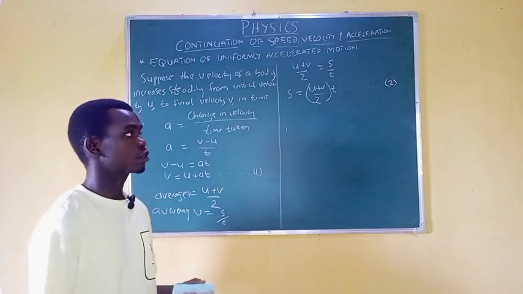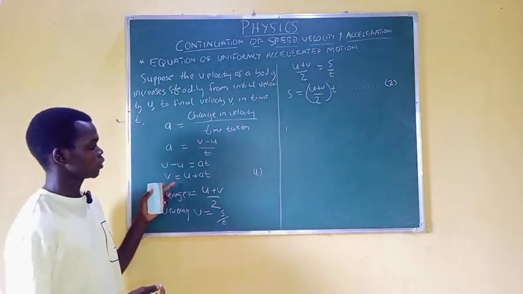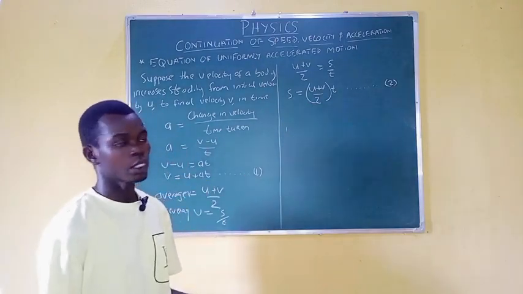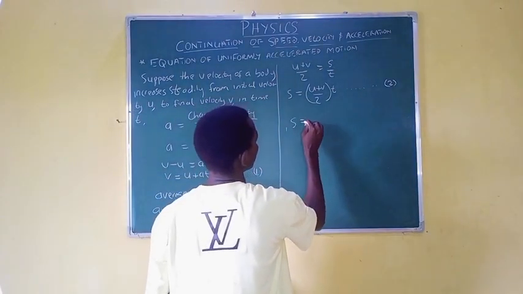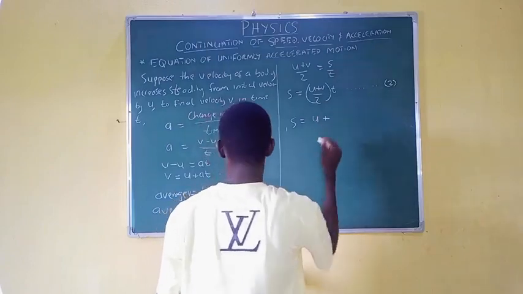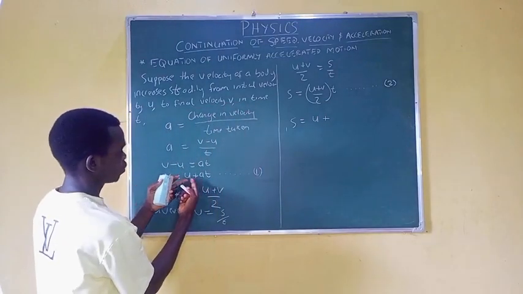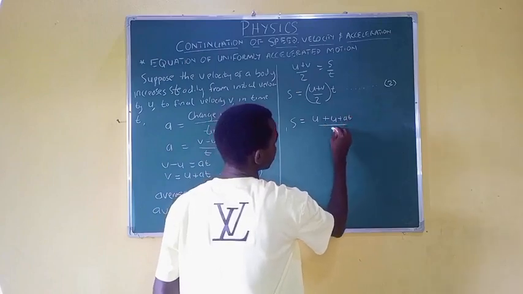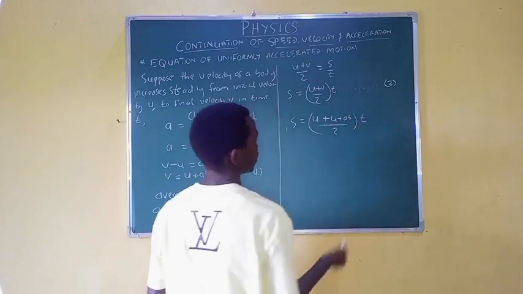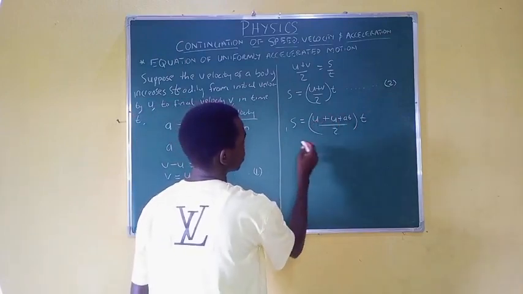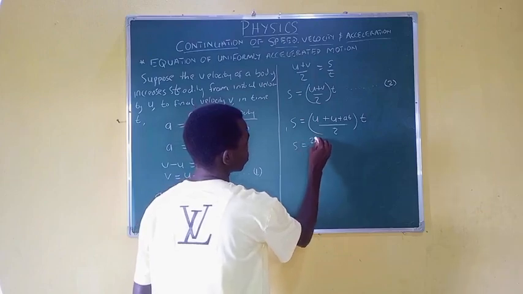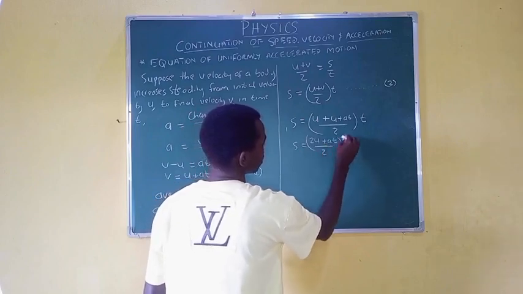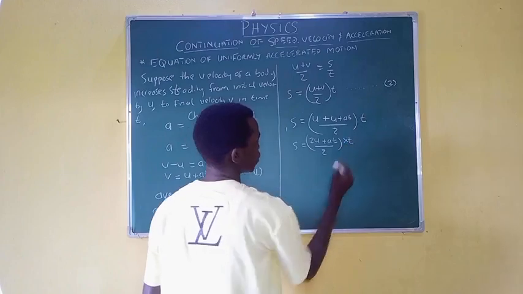But if we substitute equation 1, v is equal to u plus at, into equation 2, we have s is equal to (u plus u plus at) over 2 times t. Adding these, we have s is equal to (2u plus at) over 2 times t.